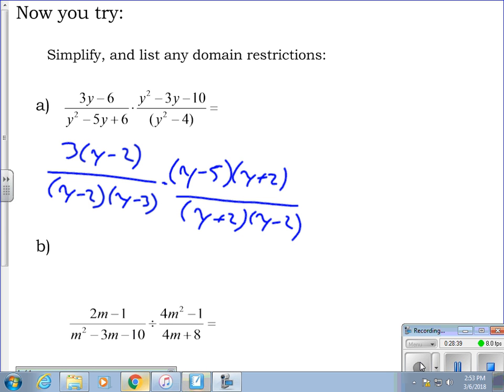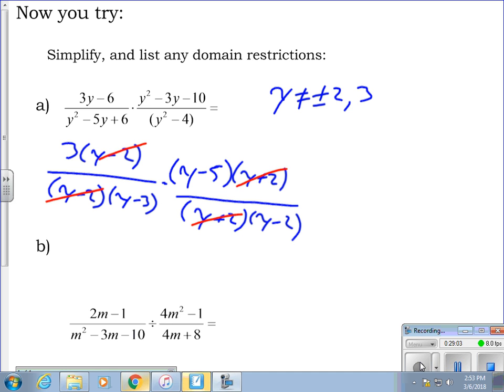Is that good? I screwed a couple of them, so make sure I got it right. My domain restrictions: y can't be plus or minus 2 or 3. And now I get to have the fun part of canceling. Minus 2, minus 2.